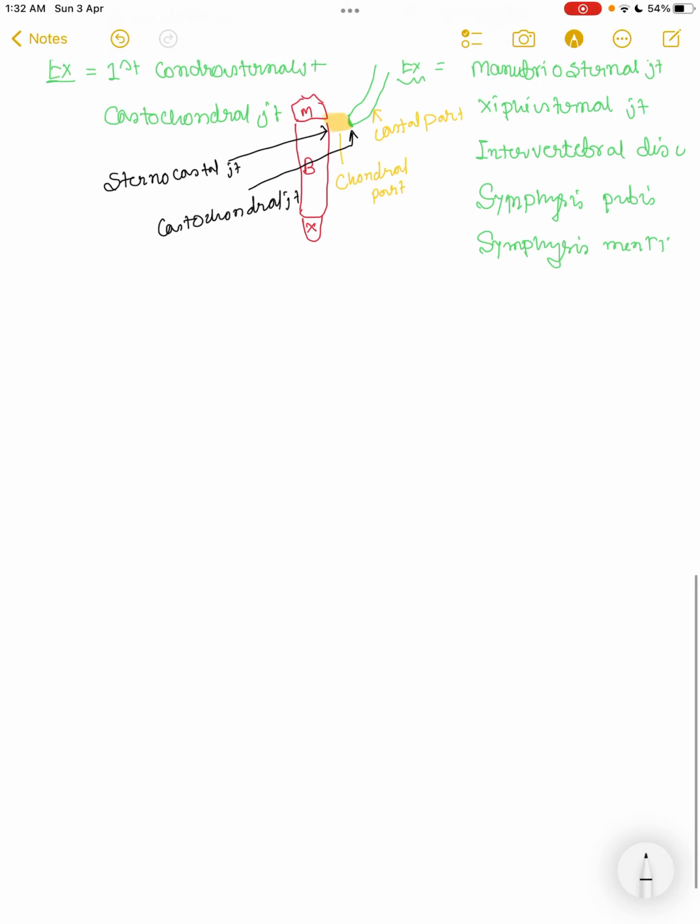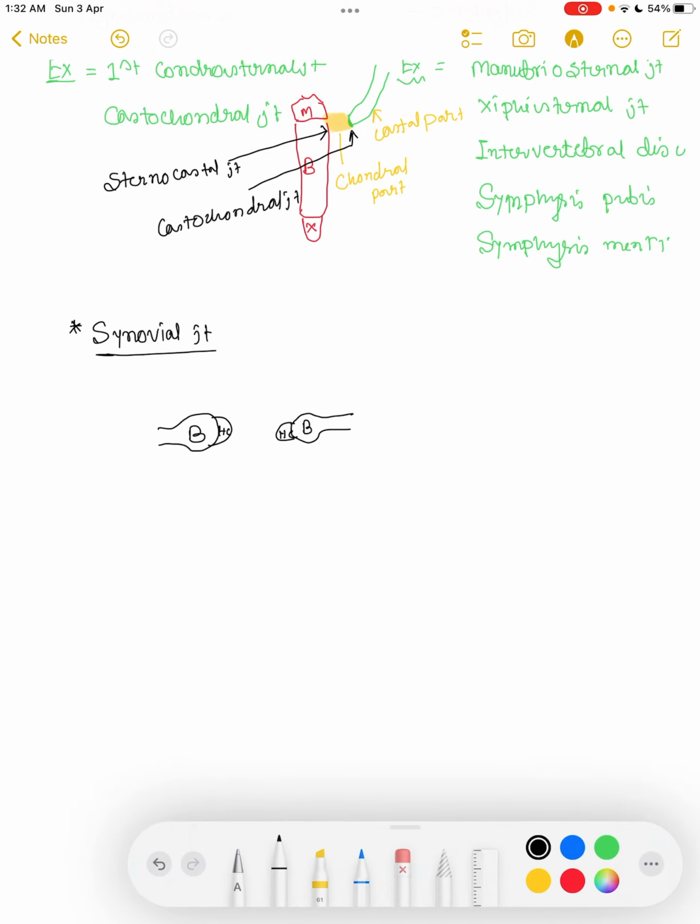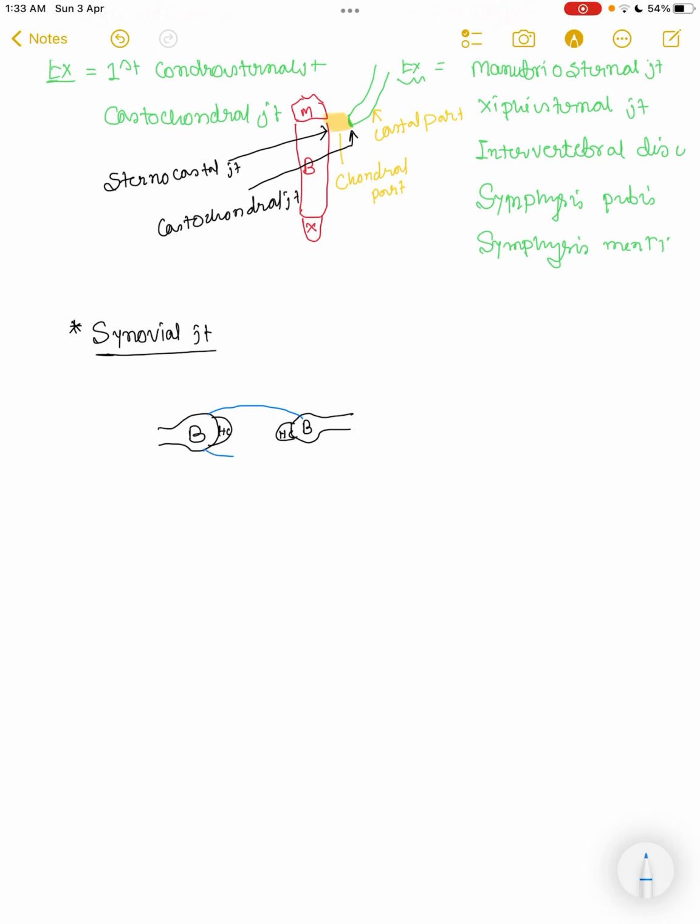And the next is the synovial joint. And what is a synovial joint? Obviously the same thing: this is the bone and this is the hyaline cartilage, and here is another bone with hyaline cartilage, and this is the synovial fluid.